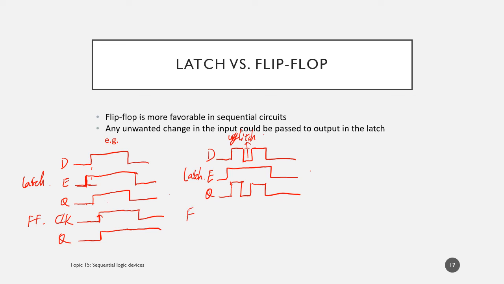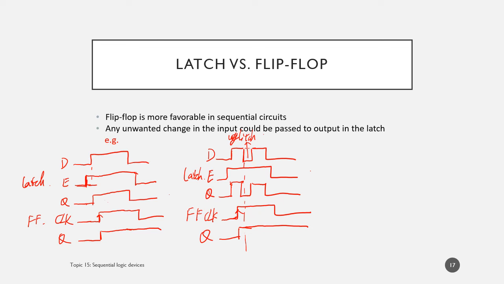However, for the flip-flop, as long as the clock rising edge comes before the glitch, D will change here, and even though we got the glitch here, because there is no rising edge, Q will not change.